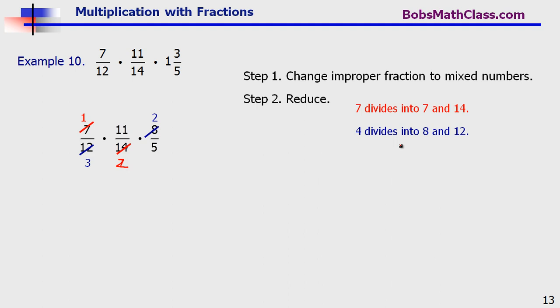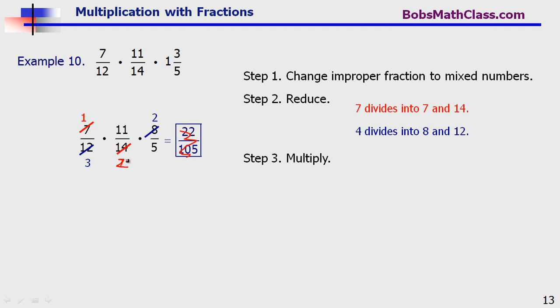And now we can multiply across. This is not right. Oh, oops, sorry about that. Now this 2 and this 2, we could still reduce. So you could use those same numbers again.